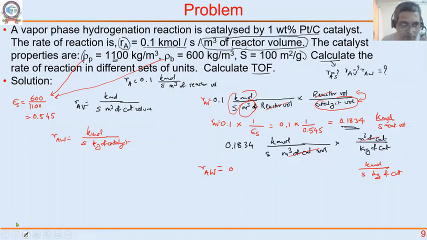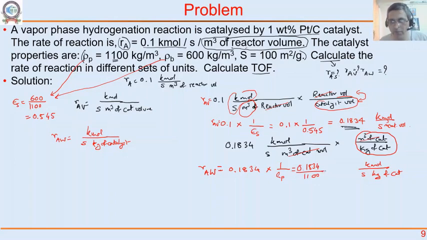So this would be now 0.1834 multiplied by this number, meter cube of catalyst per kg of catalyst. That's just the reciprocal of rho p, isn't it? So this is 0.1834 divided by 1100. How much is that?